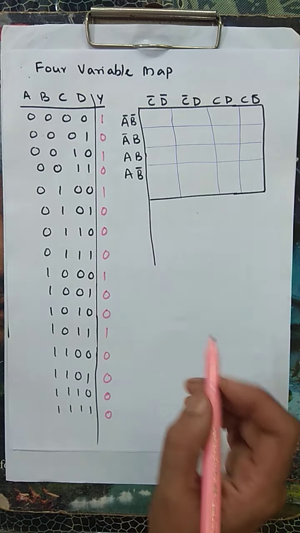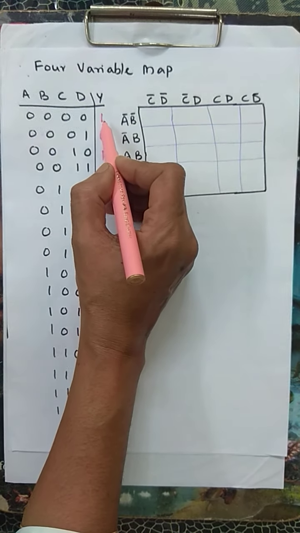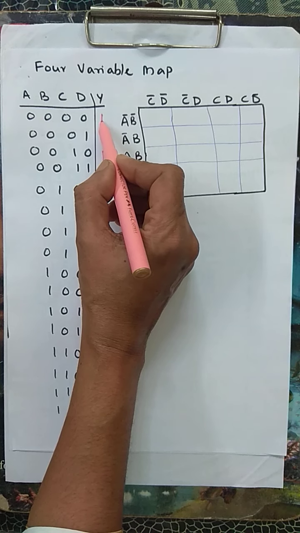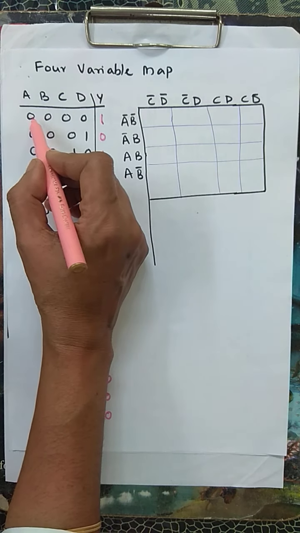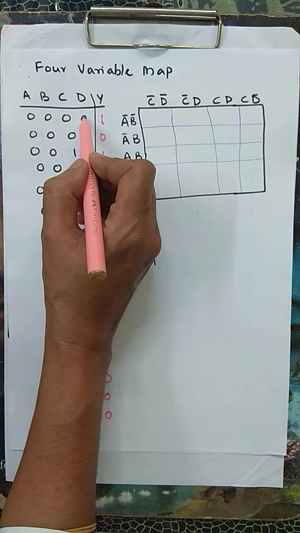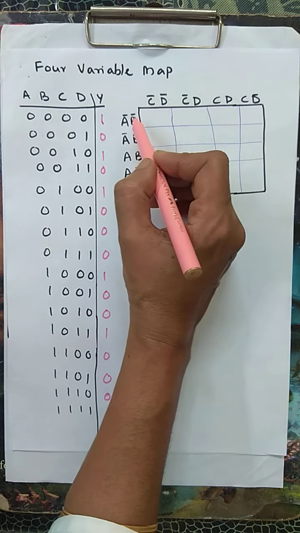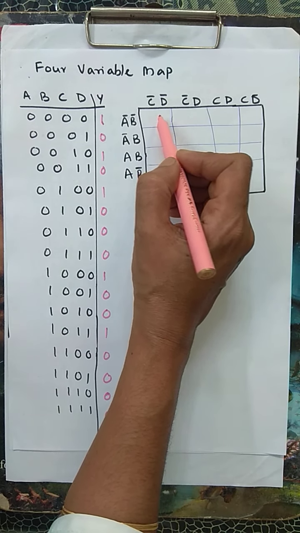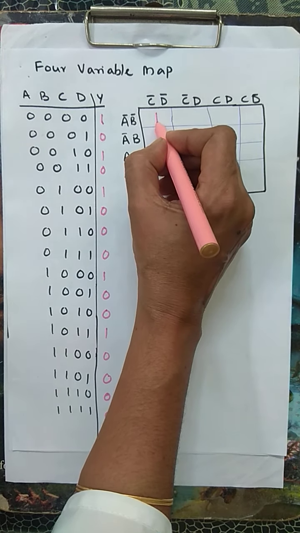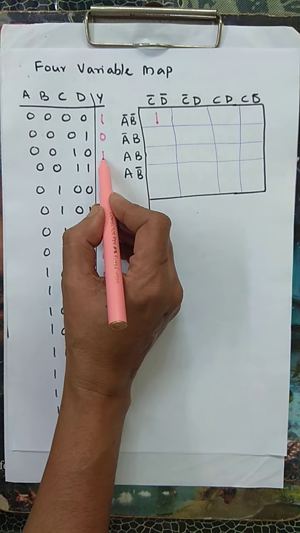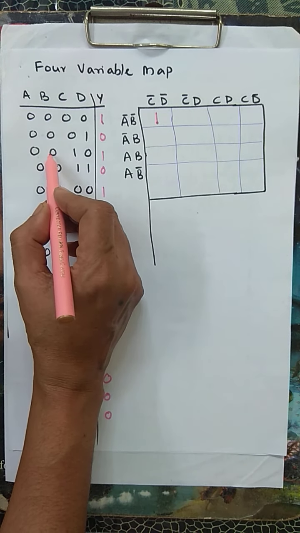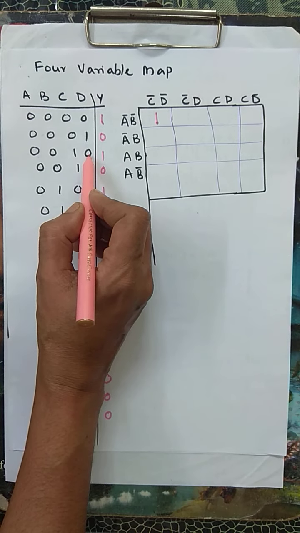So how to map it? Again let us see which input you are getting high. This you are getting high input. So it is A complement B complement C complement D complement is the product. So I'll get a 1 here. The next one is here. That is A complement B complement C D complement.